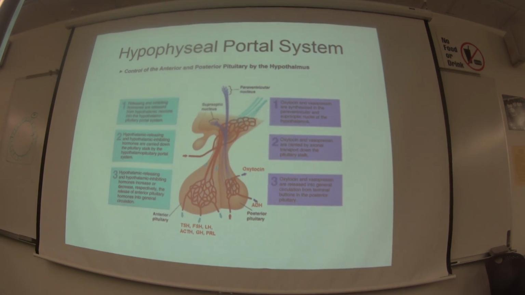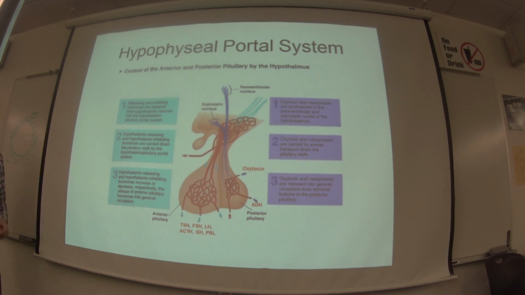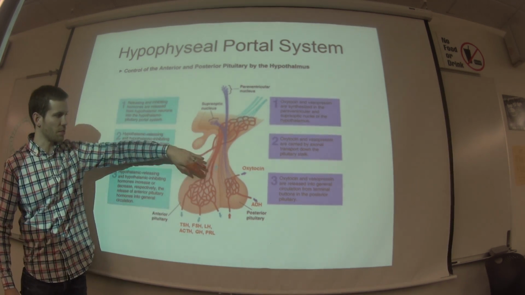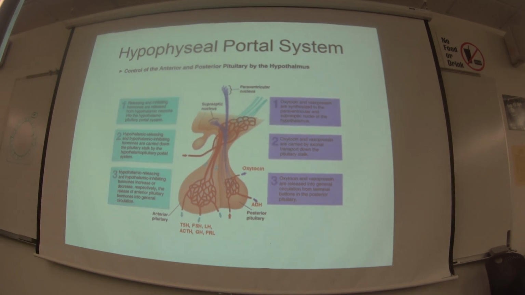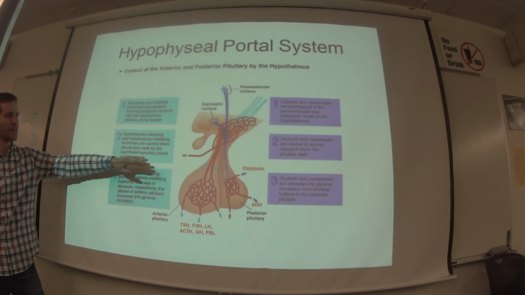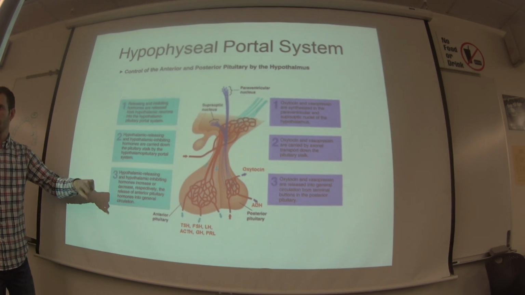And so you have a blood-centric region rather than a tract-centric region, and this is called a portal system. So this is the hypophyseal portal system, or hypothalamic hypophyseal portal system if you want to give it the full name, because it is a blood connection from the hypothalamus to the anterior pituitary.